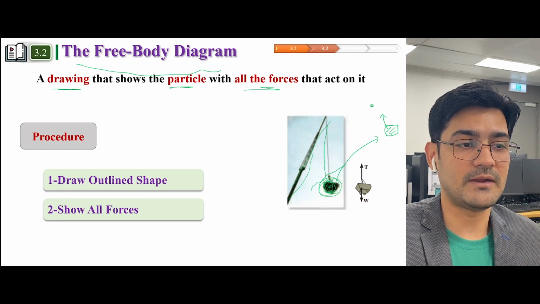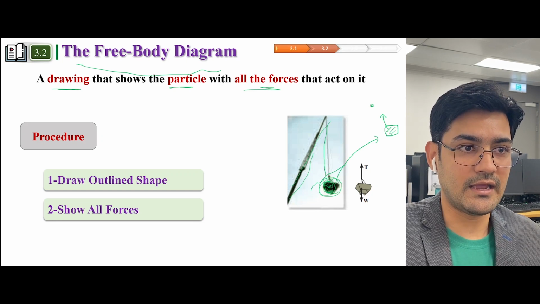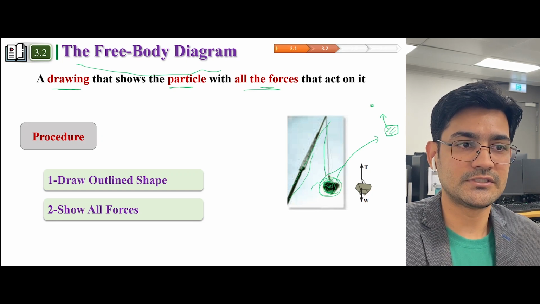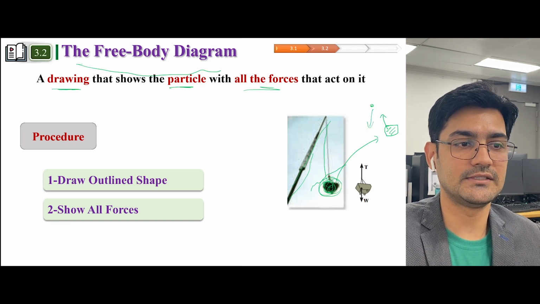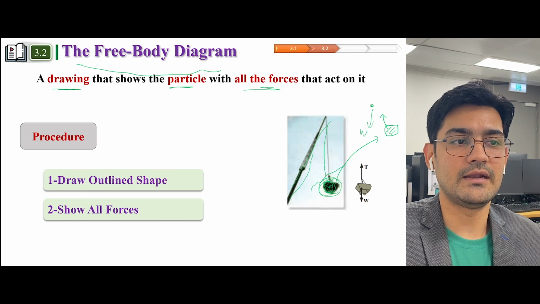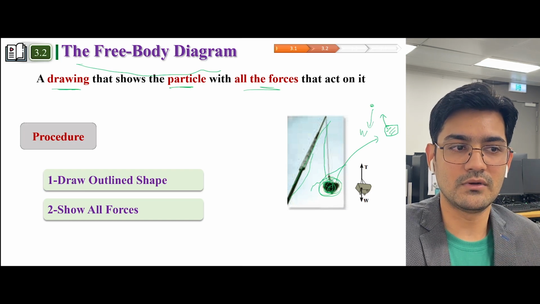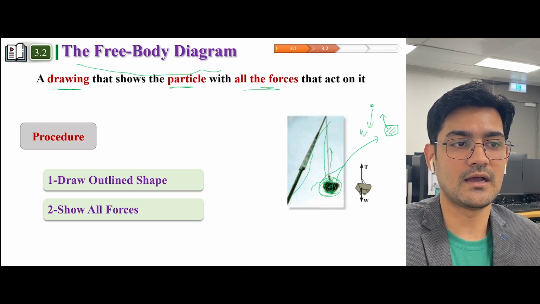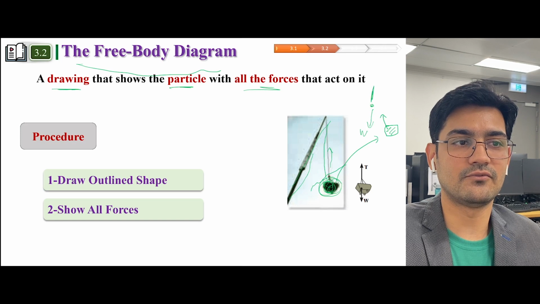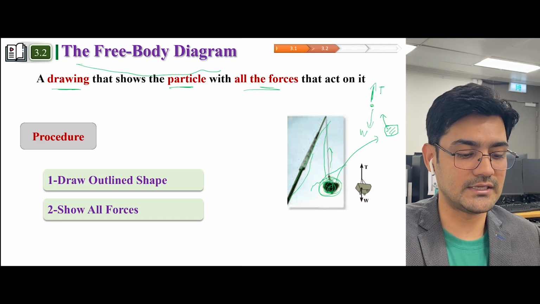But for this example, we have this trolley and the active force is the weight acting on it, that is weight W. And as a reaction, this body is not going down because you have this cable and the cable is pulling this upward. So you have a reactive force from the cable, and I can name this reactive force as T.